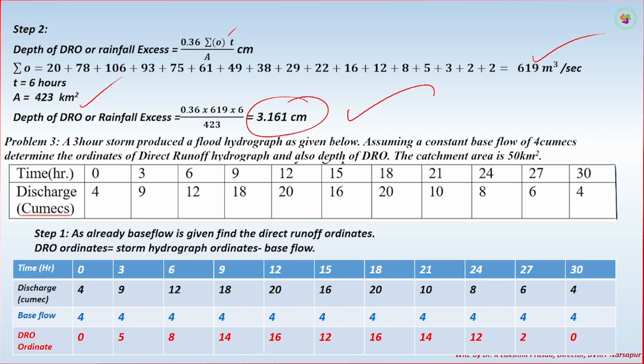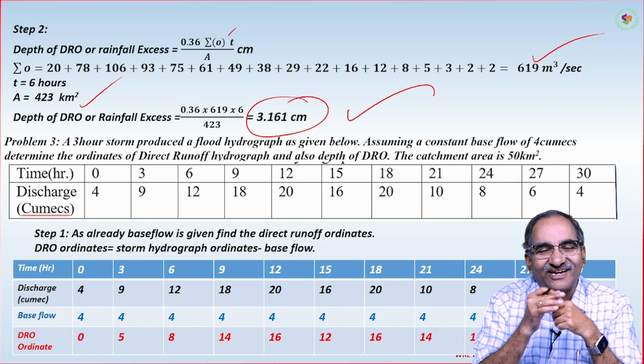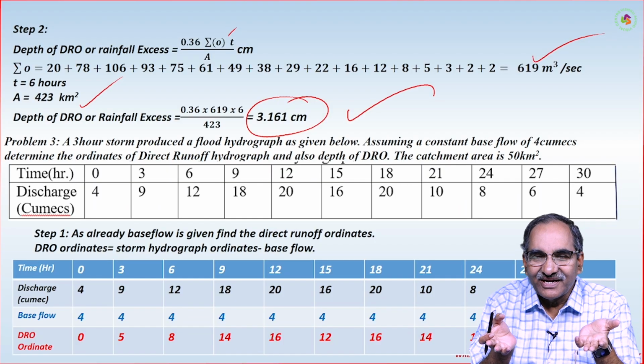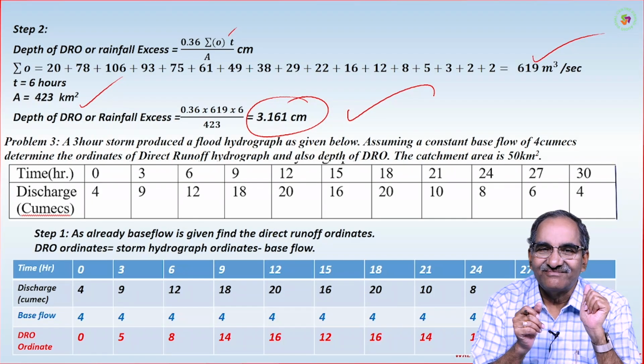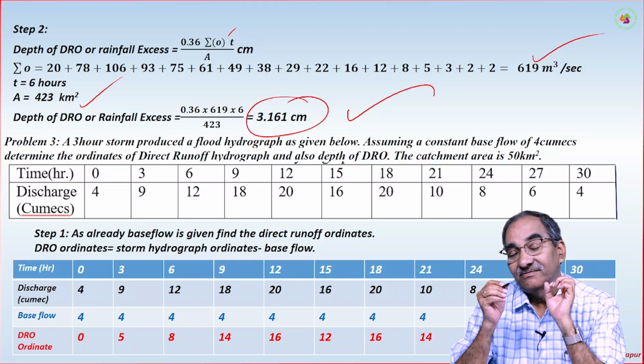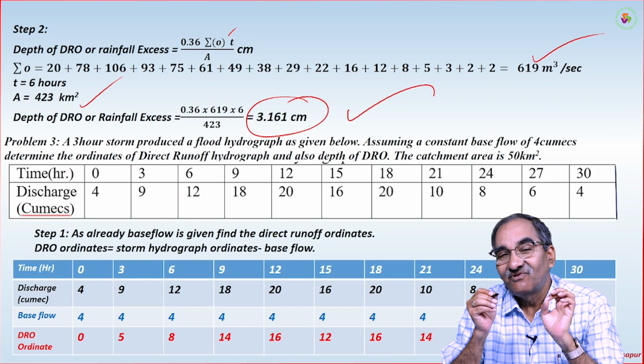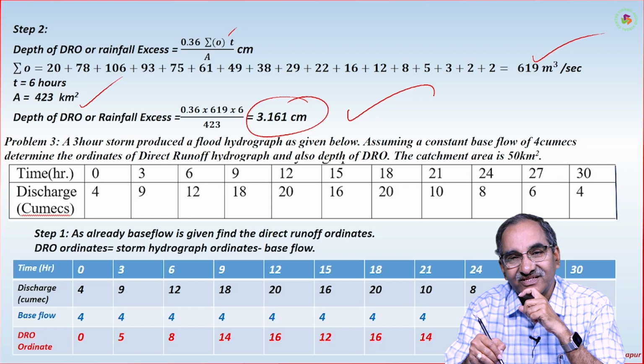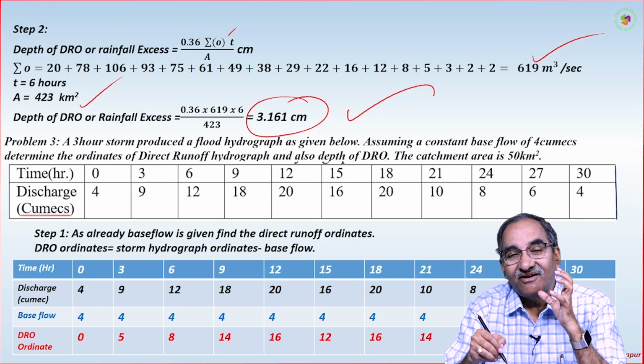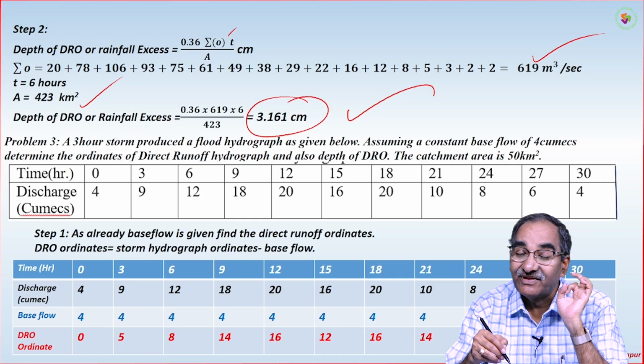Any difficulty in this? If at all difficulty is there, what? Base flow determination. Base flow determination also simplified. He has given it. So now finally you tell me what is the depth of direct runoff? 3.161. So the direct runoff depth is equal to 3.161 centimeters. Very, very important.